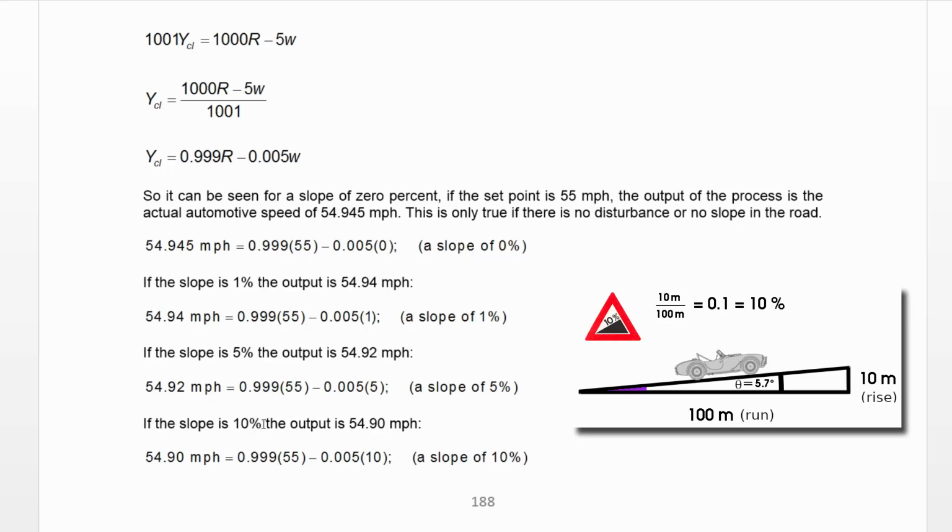Remember, that's 10 feet rise in 100 feet, and our output is still at 54.9 miles per hour. If we take 0.999 times 55 minus 0.005 times the 10% slope, we get 54.9 miles an hour. So feedback control gives us a really good what they call regulatory control. It's a regulatory control. It regulates the output, and it does a pretty good job.